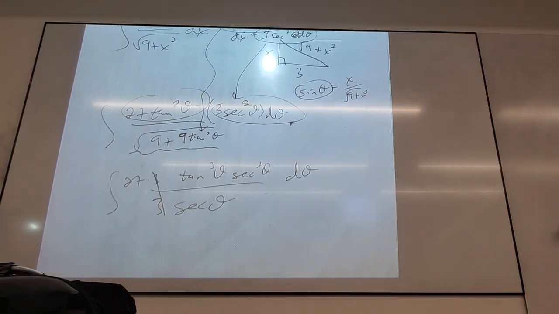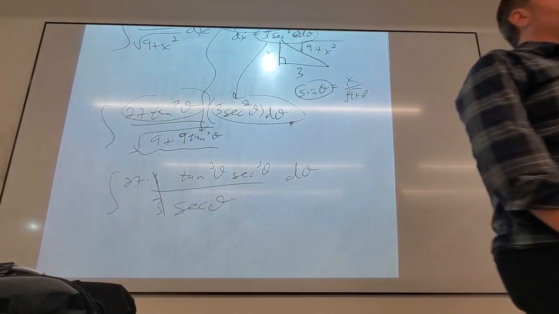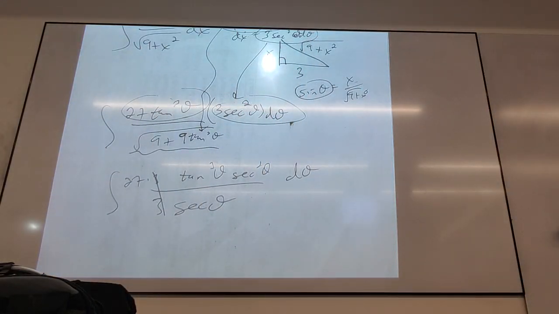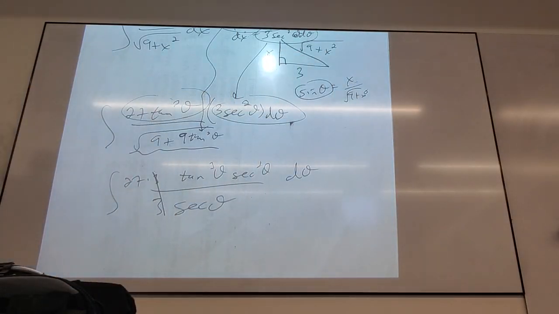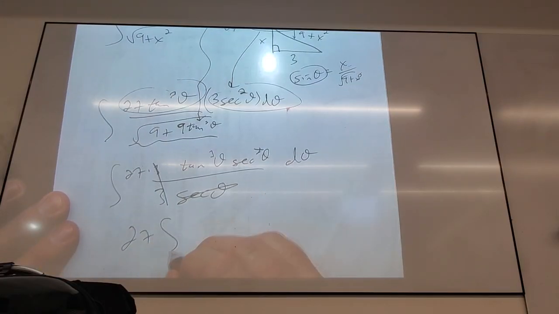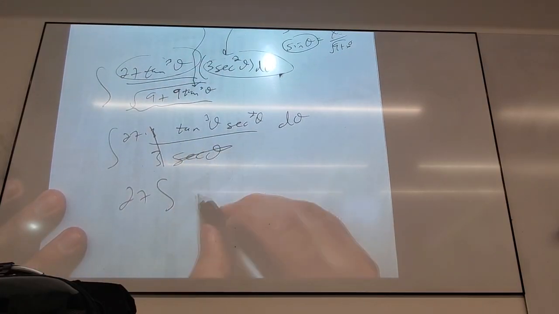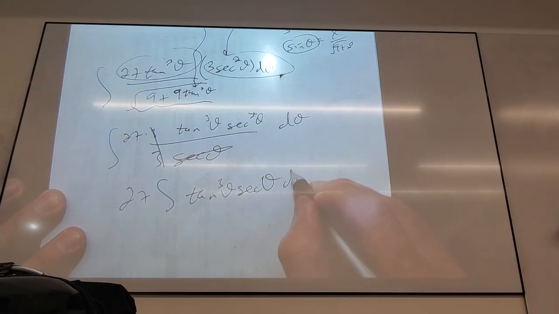The threes cancel. That's why you don't multiply your numbers until you see what's going to cancel. Don't make big numbers and then try to simplify. See what's going to kill each other, if any. One of the secants dies. Now I get 27 integral tangent cubed secant d theta.